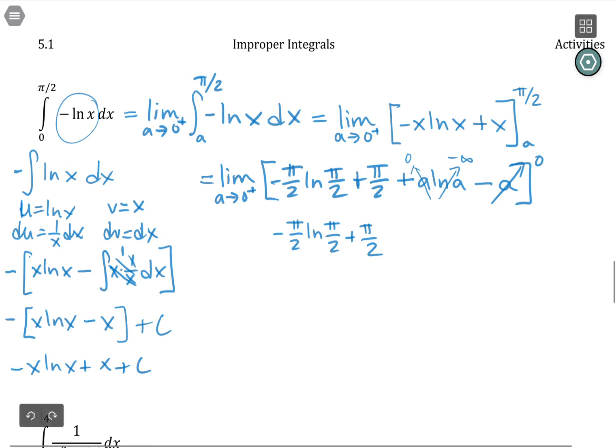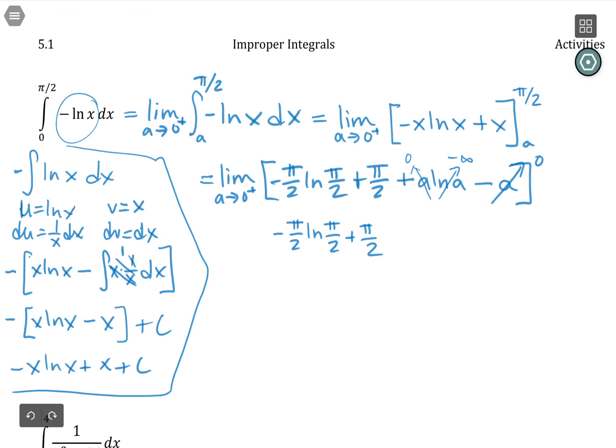So I'm going to scratch work again. According to L'Hopital's rule, if I have the limit as a approaches 0 of a ln a, if you have a 0 times infinity, you can rewrite that as a fraction and it will be a 0 over 0. So I'm going to do it like this.